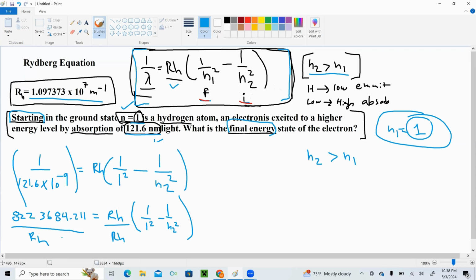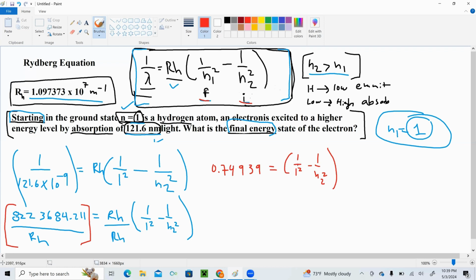So I got, let me change color. So from this, I got my calculator. Let me get rid of this. Hold on. There we go. I got 0.7493 is equal to 1 squared minus 1 over n2 squared.